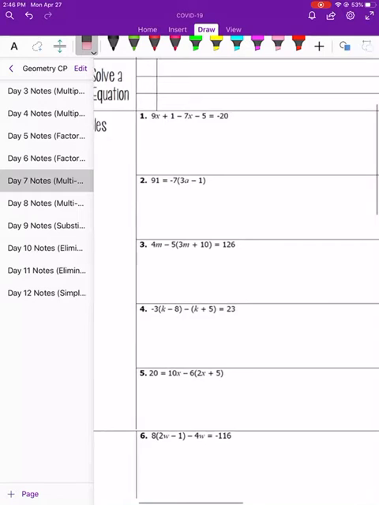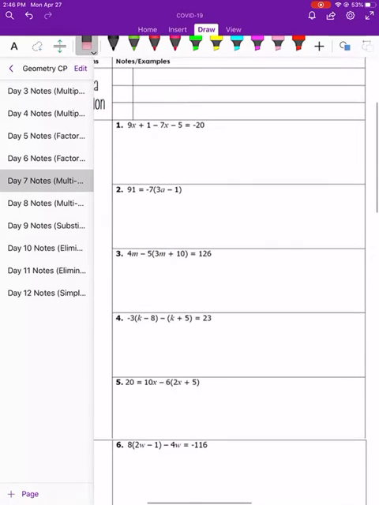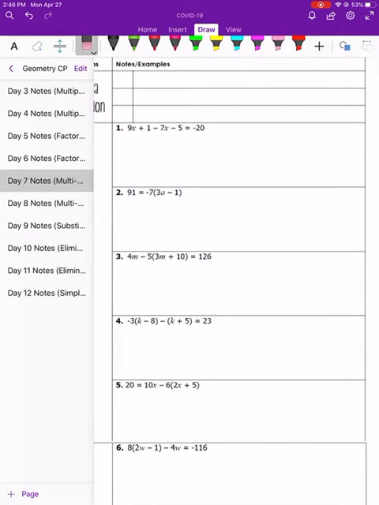So we have done multi-step equations before. You guys have done them in Algebra 1, and we've done a good bit of them in geometry. So some steps that you guys can follow. Step one is going to be distribute. You are only going to do this if it's necessary. Not all problems will require you to distribute.